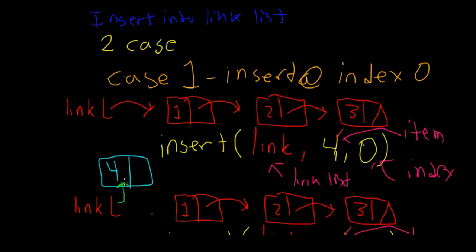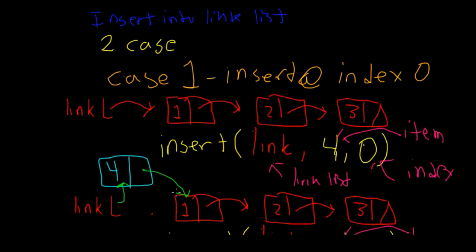And then this pointer right here, so what's the rest of this linked list? It's my original link. So the key idea is to notice that inserting into a linked list is just a matter of replacing my first element with whatever element I want to insert and the rest of it with the original link. What that looks like in terms of function calls is actually not too bad.